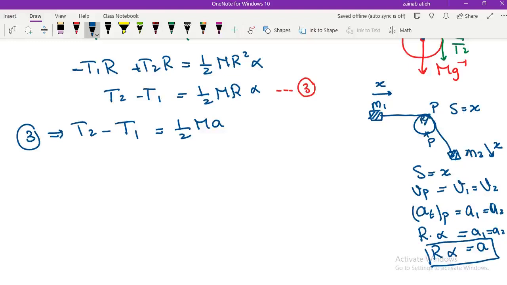بيطلع معي equation بس في بقلبها A، بجيب ال A، من بعد ما أجيب ال A بصير فيني أجيب ال T1 وبيرجع فيني أجيب ال T2. So هلأ شو راح أعمل أنا؟ راح أعوض محل T2.